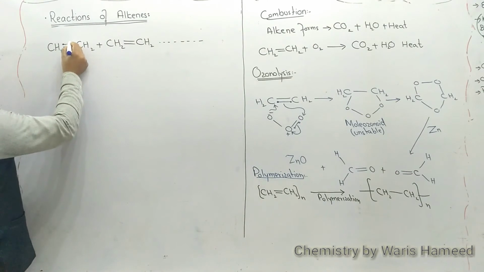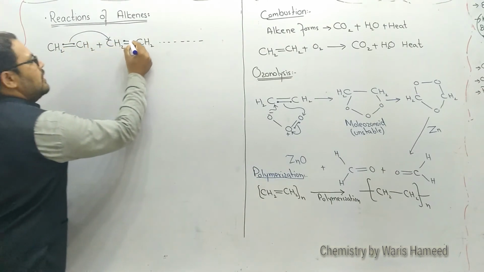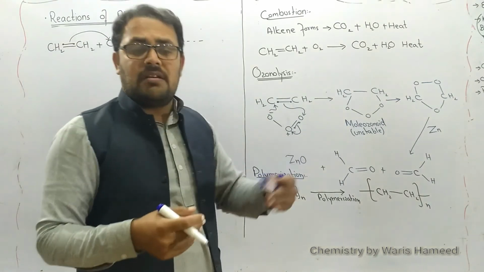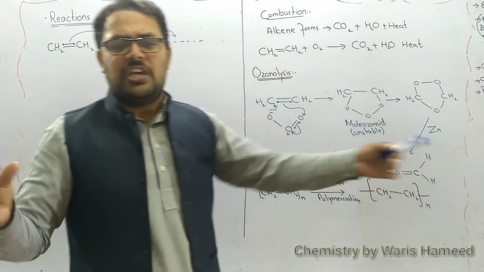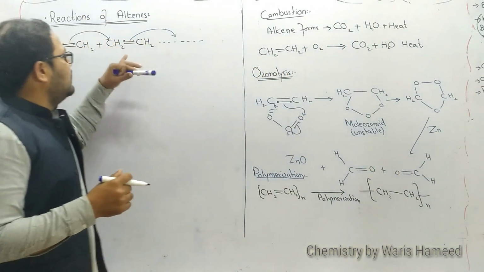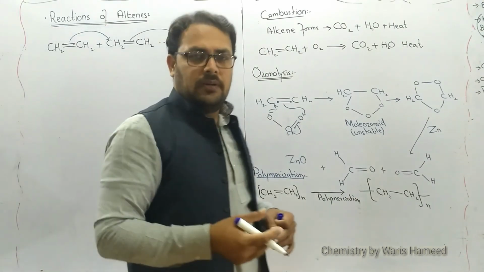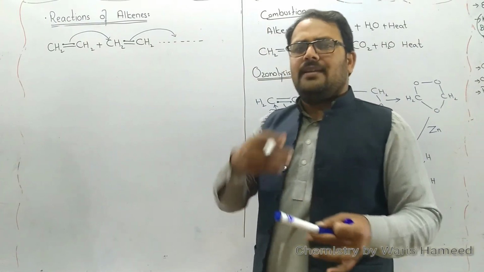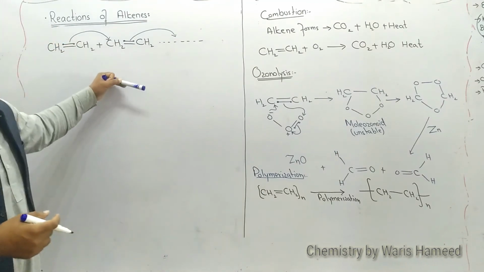This pi bond will attack on this carbon atom, this pi bond will attack on next carbon atom, and pi bond of next carbon will attack on the next carbon atom, forming a long chain molecule. And this long chain molecule is actually known as polymer. This ethylene unit is the monomer, and the final product is polymer, known as polyethylene.